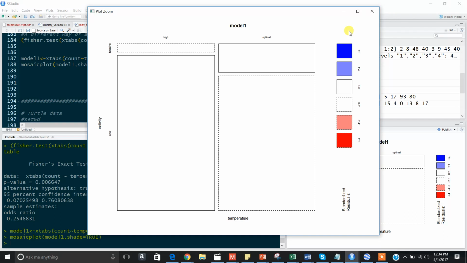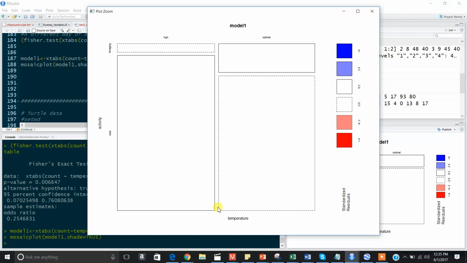So the mosaic model shows that there is an interaction because we have this zigzag pattern between the spaces, and because they're not in proportion. So here, at optimal temperatures, these short-lived ants were more likely to nest than forage.